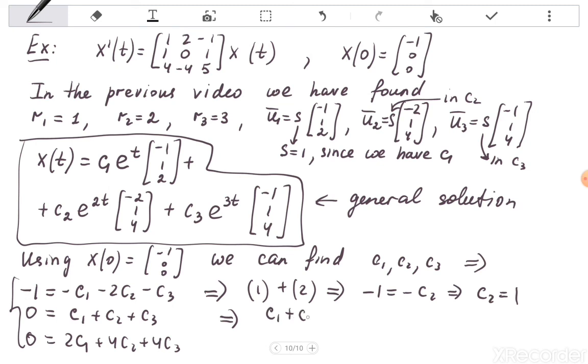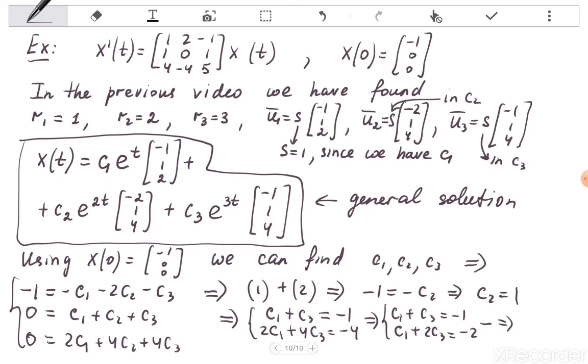that c1 plus c3, c2 is 1, so we move it to the right, it's minus 1, and 2c1 plus 4c3 is minus 4. In fact, we can cancel the second one by 2, so we get c1 plus c3 is minus 1, and dividing by 2 we get c1 plus 2c3 is minus 2, and then we can take the difference of these two equations.